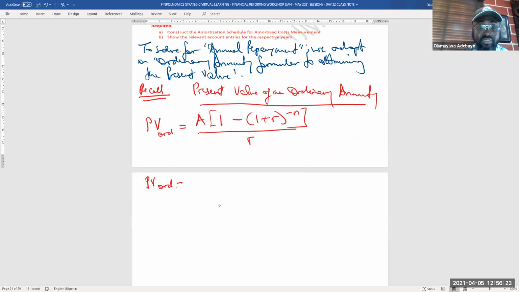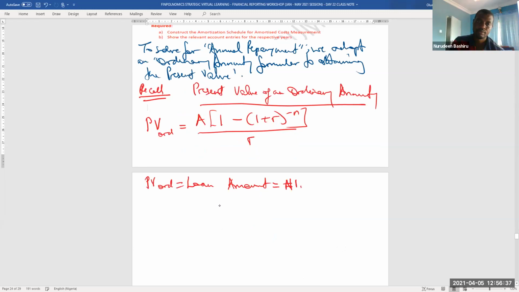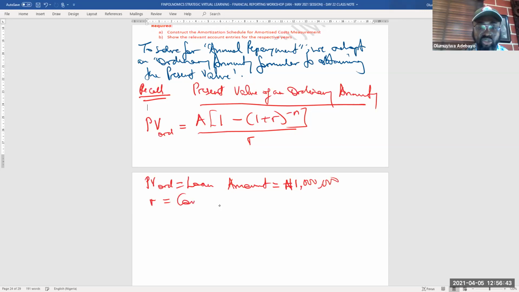Now, what is this? The PV is the loan amount, which in this case is how much? 1 million naira. The R in this case is the contractual interest rate, which is 18% per annum.